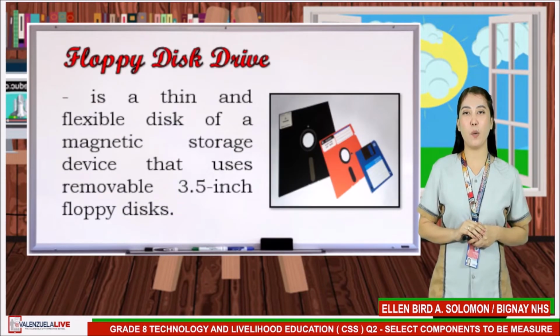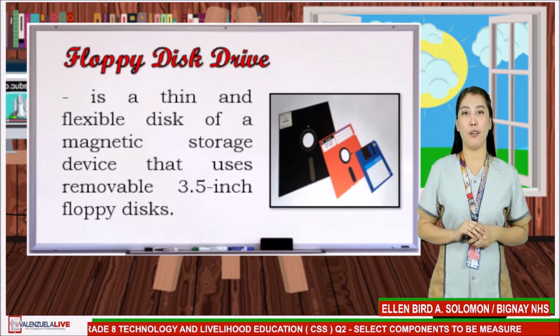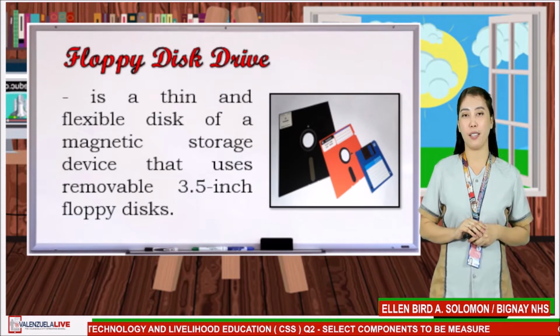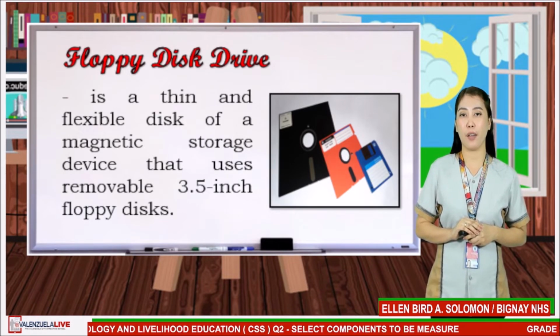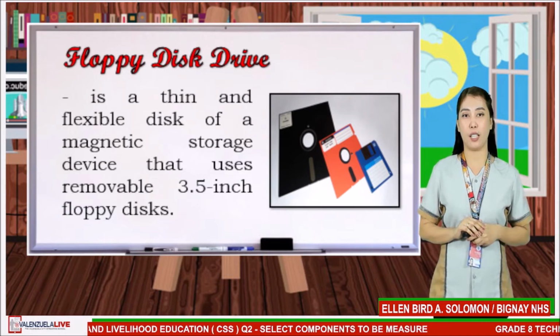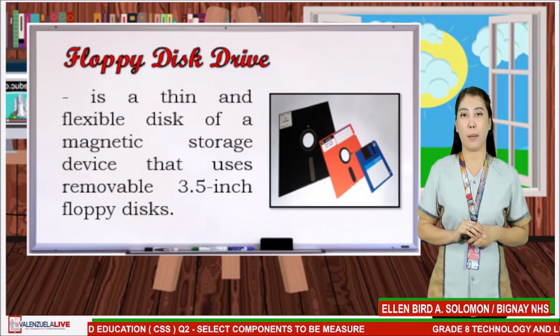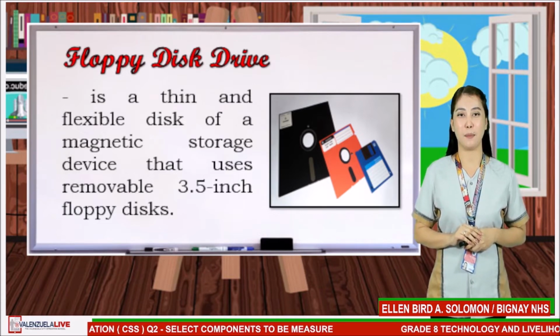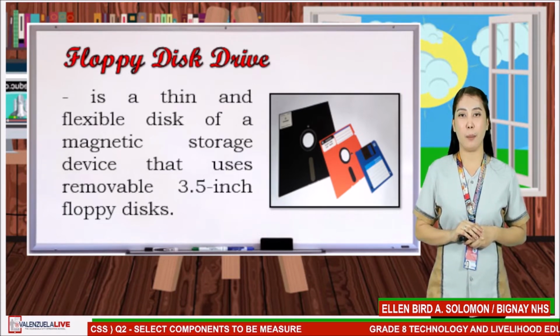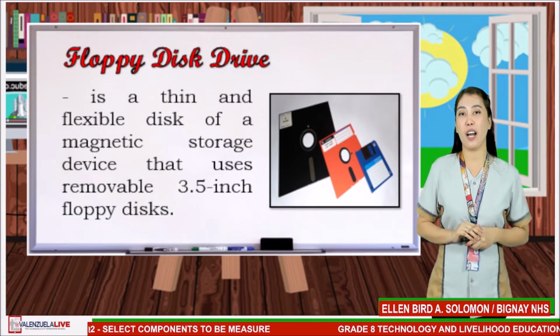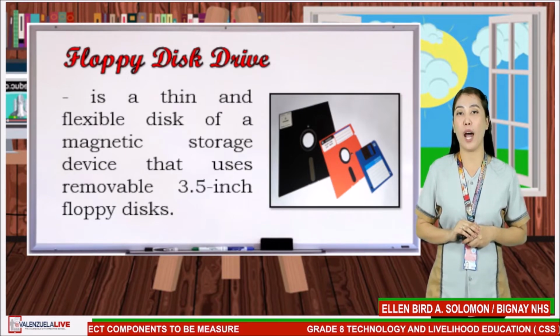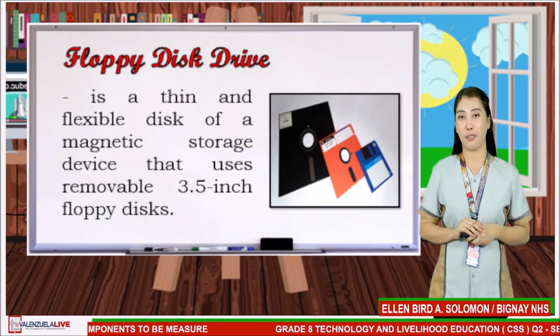For the first one, we have floppy drive or floppy disk drive. It is a thin and flexible disk of a magnetic storage device that uses removable 3.5-inch floppy disk. This magnetic floppy disk can store 720 kilobytes or 1.44 megabytes of data.